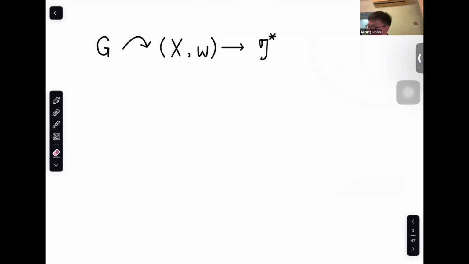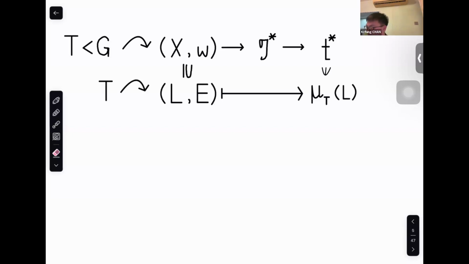So it has a moment map. And let T be a maximal torus of G. So you can restrict the G action to T, and so the T action on X is also Hamiltonian. You restrict the action to T, and also you restrict the moment map to T.